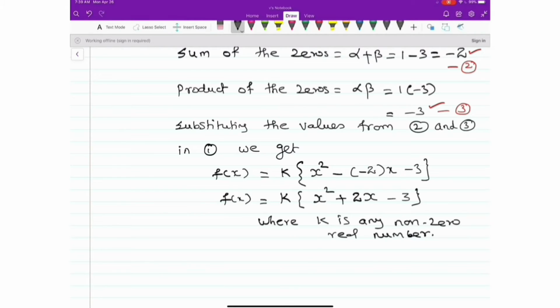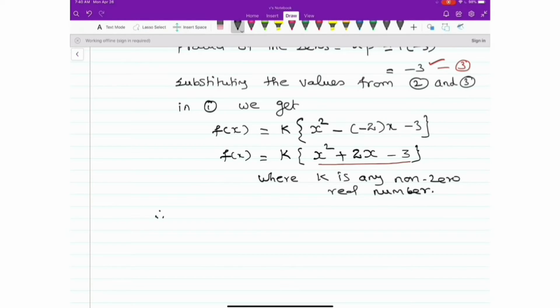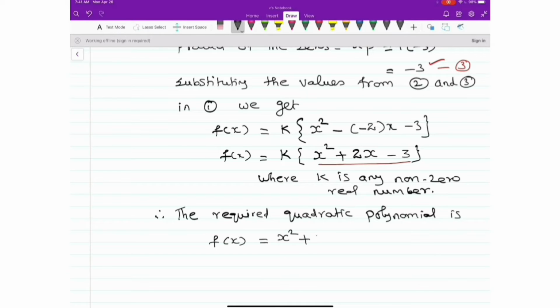I told you to write the quadratic polynomial, you just write x square plus 2x minus 3. Okay. So, therefore, the required quadratic polynomial is f of x is equal to x square plus 2x minus 3.